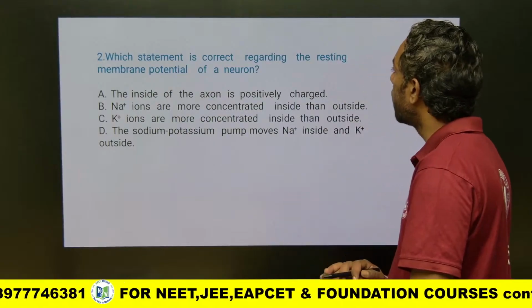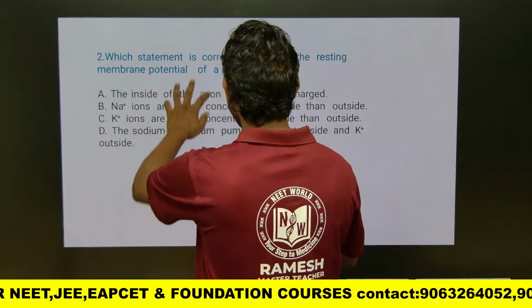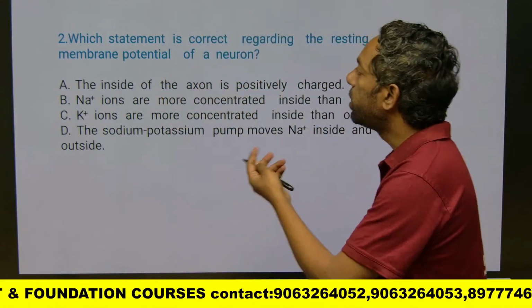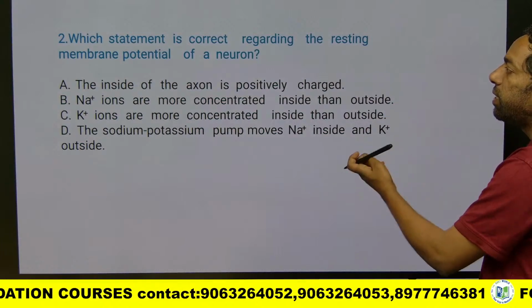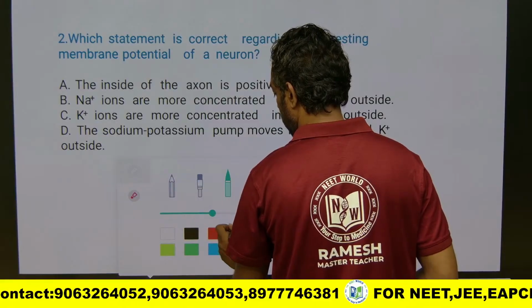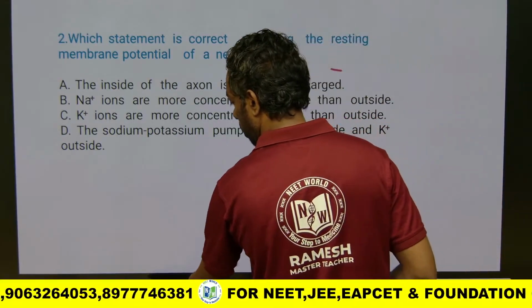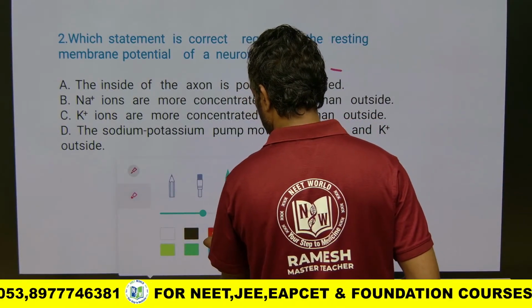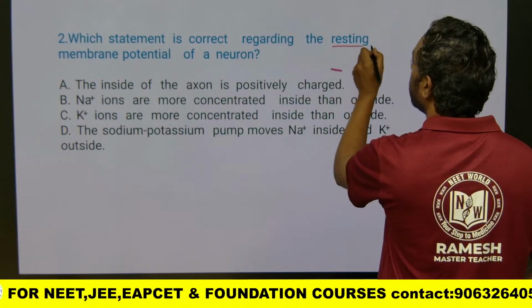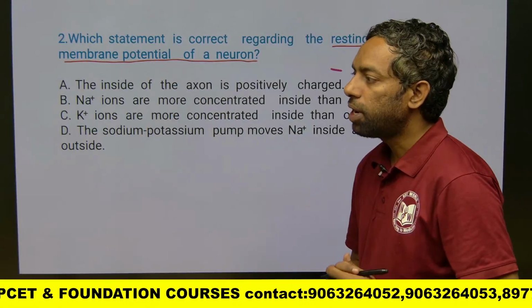Which statement is correct regarding the resting membrane potential of a neuron? What is the resting membrane potential of a neuron?